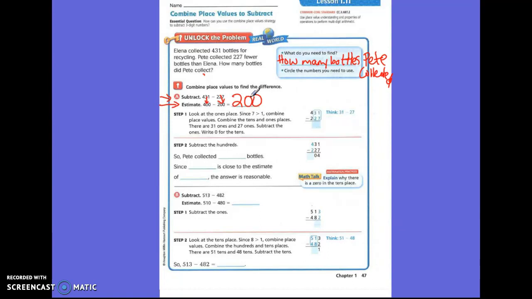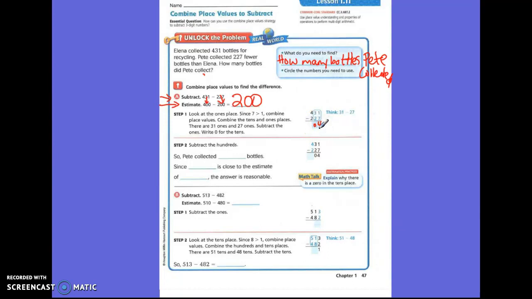What is 31 minus 27? Instead of going 31 and taking away 27, you can count up from 27 to 31. And how many numbers did you count up? 27, 28, 29, 30, 31. How many numbers did we count up? 4. So our answer would be 4.